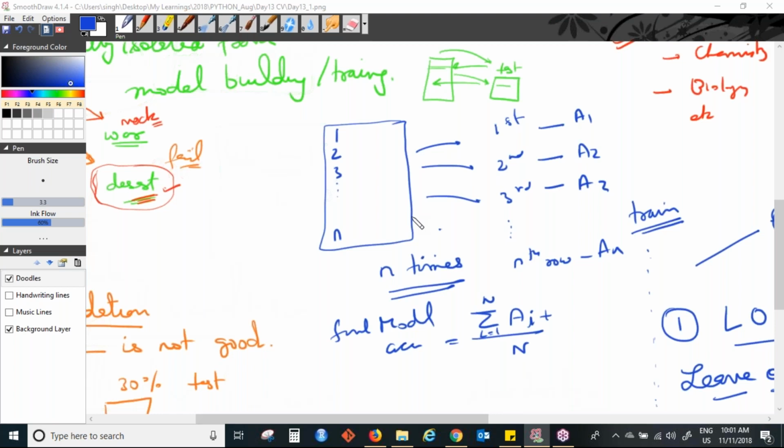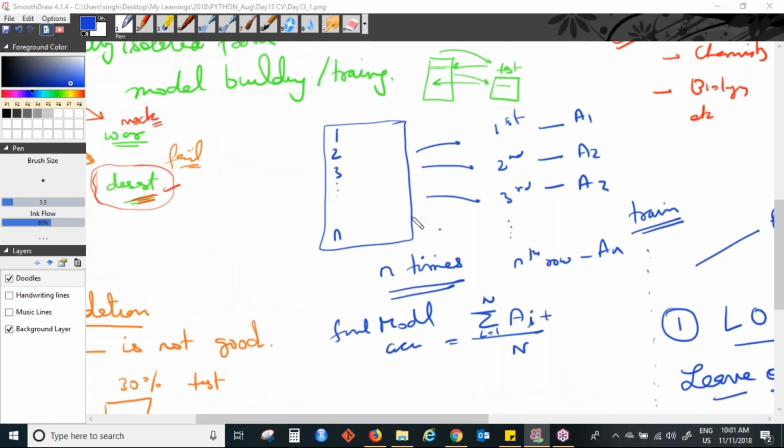Now to avoid that, you will have 3 sets of data: one train, one validation, and then one test. But again, that is also wrong, because your model might be good only for that particular validation data. It might not be good in general. It is like you are checking your army's skill only on one terrain, let's say desert.